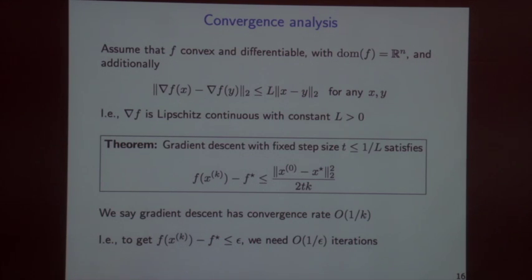The function class that we're going to consider is the class of functions f that are convex and differentiable over Rn. We also assume that the gradient of f is a Lipschitz map, with constant L. That means that for any two vectors x and y, the distance of the gradient of f at x from the gradient of f at y is bounded above by the constant L times the distance of x from y.